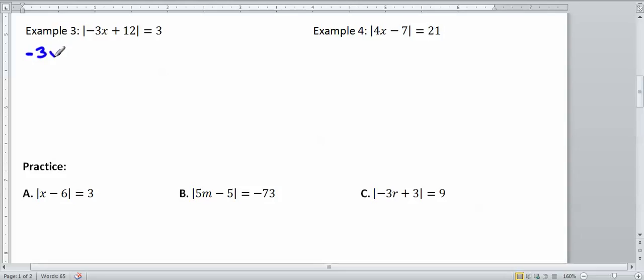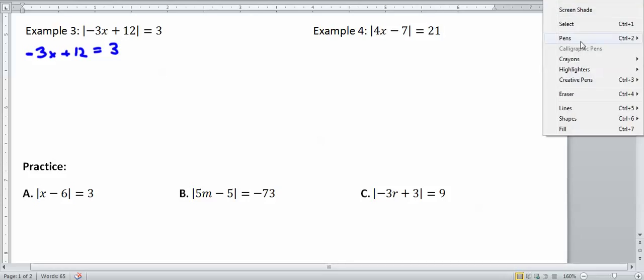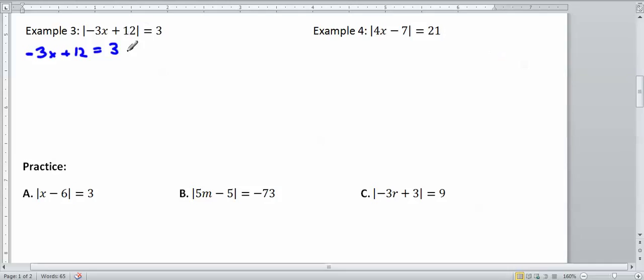Negative 3x plus 12 is equal to 3. Switch colors. Negative 3x plus 12 is equal to negative 3. Okay, and that's because, remember, both positive and negative 3 can go inside here.